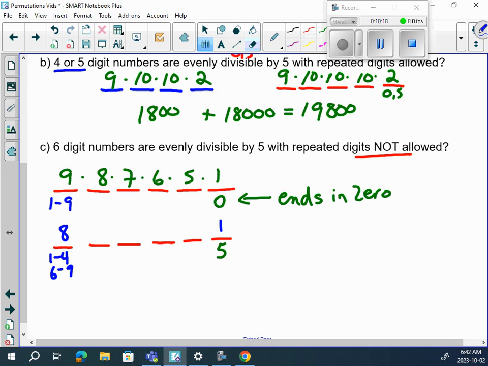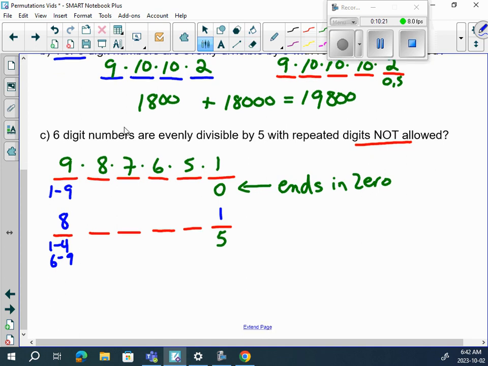Now I've used up 2 numbers, but the 0 comes back into play. So I will have 8 values left again. Okay, so again, the 5 is not available. Whatever wasn't used from here, I sort of think I have 7 values transferring that are available. Oh, but wait, I could also have the 0. So now there are 8 possibilities there. And then the rest of it should be fairly straightforward: 7, 6, and 5.